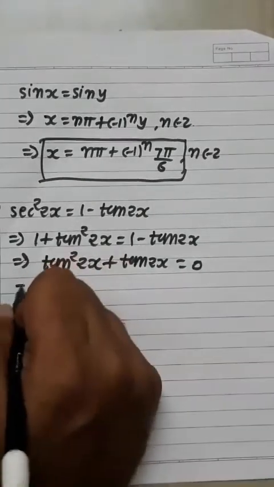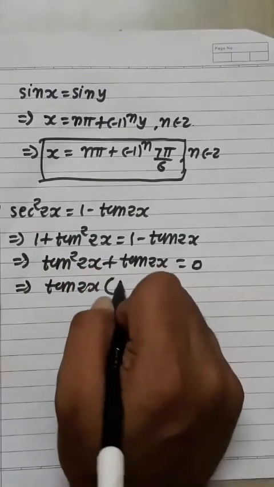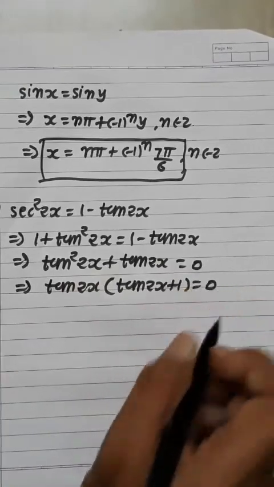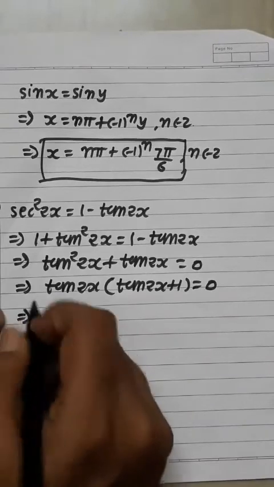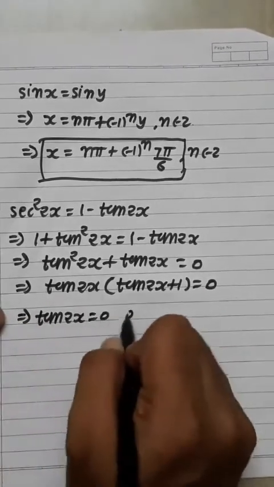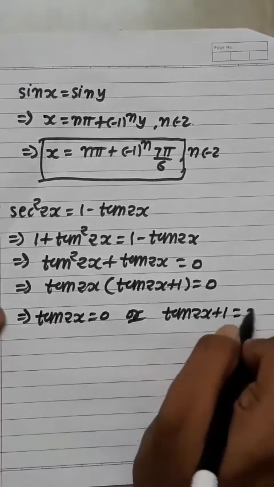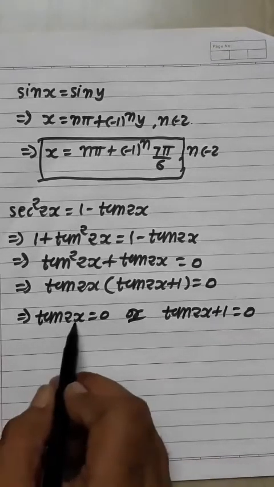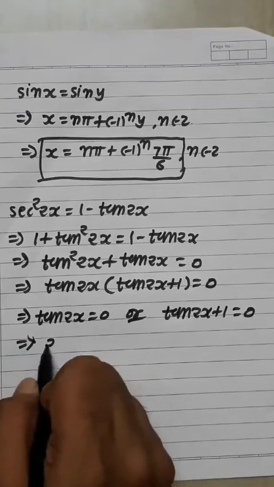Now we can take tan 2x common. So the remaining term: tan 2x into tan 2x plus 1 is equal to 0. Now here two values are present: tan 2x is equal to 0 or tan 2x plus 1 is equal to 0. But we know that tan x is equal to 0 gives x equal to n pi, but here 2x is present in place of x.